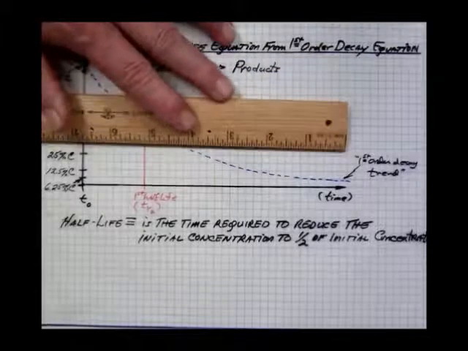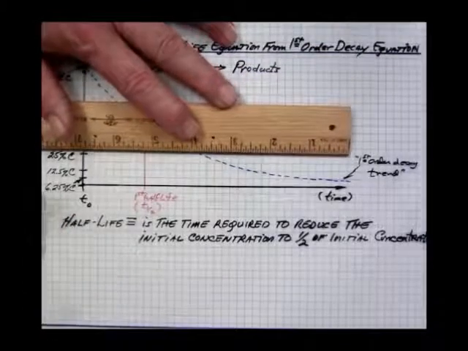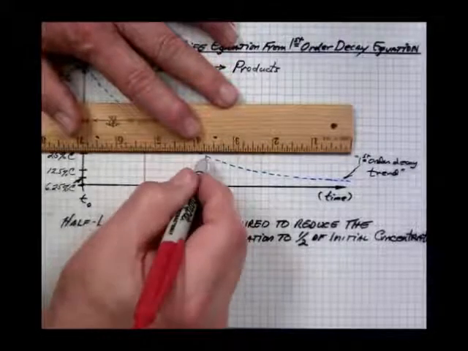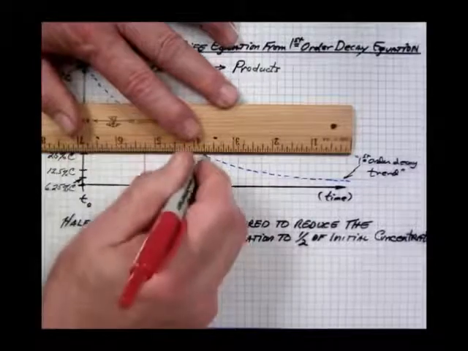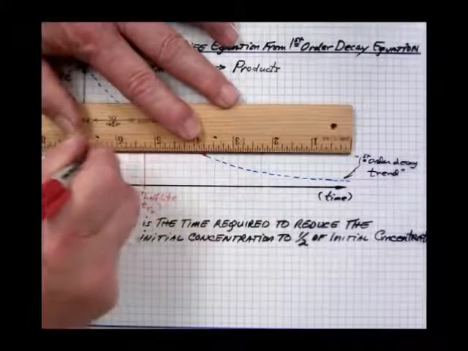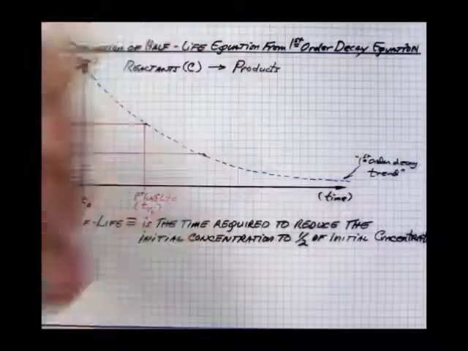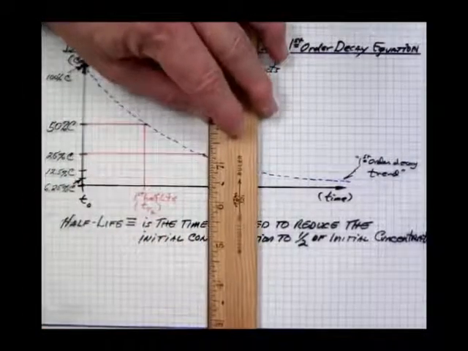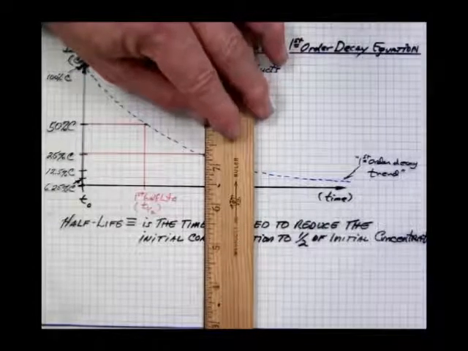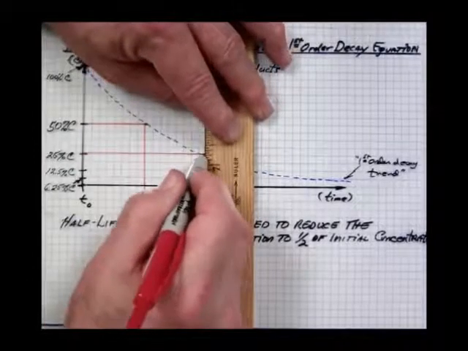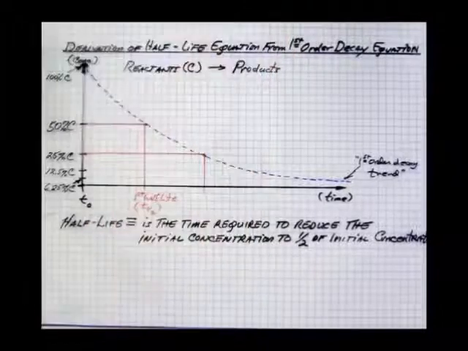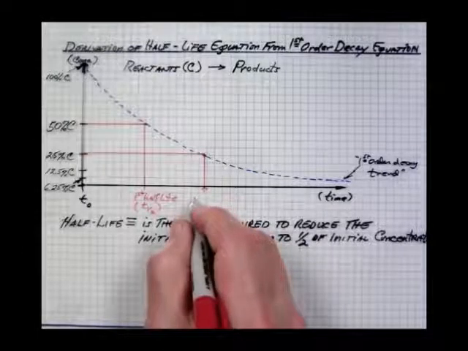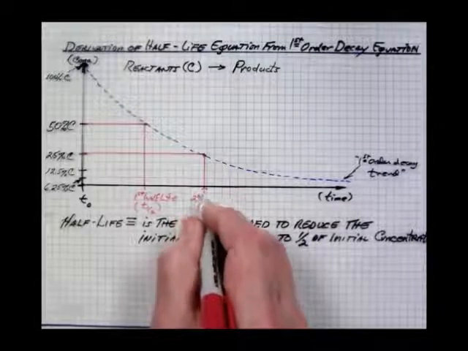This would be called the second half-life. So we do the same thing from the y-axis at that particular point. We move over to the decay trend curve and then drop down to the time axis. And this point right here is the point of the second half-life.